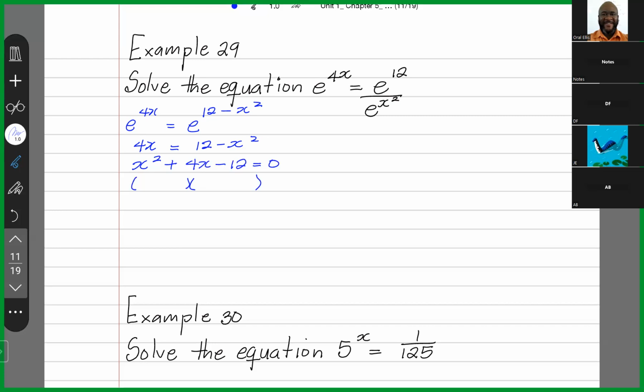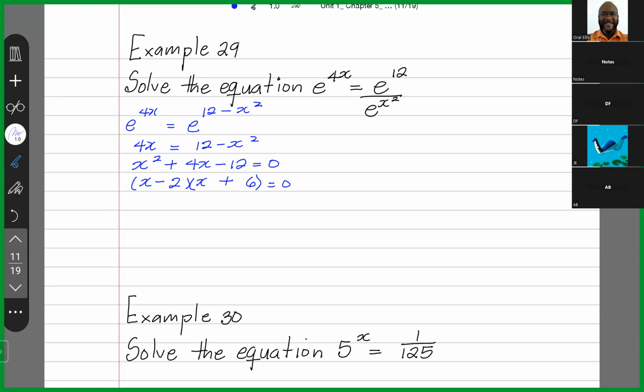That sounds like 6 and 2. So x, 6 here, that has to be positive, and minus 2 here. And this is equal to 0. So I just use the trial and error method to factorize the quadratic expression. If you are not comfortable with that method, you can use the ABC method.